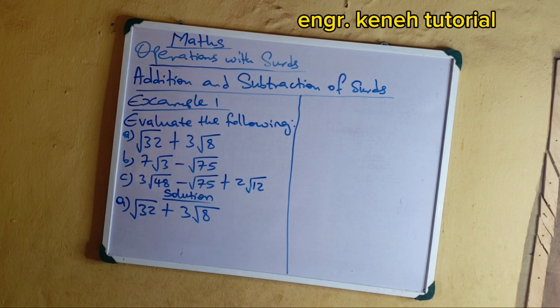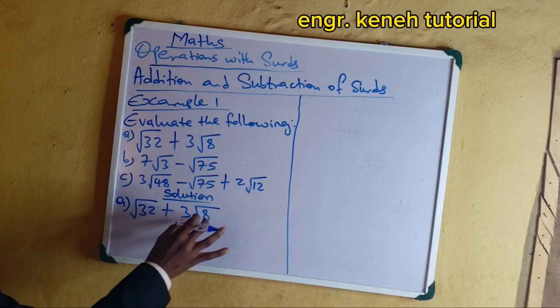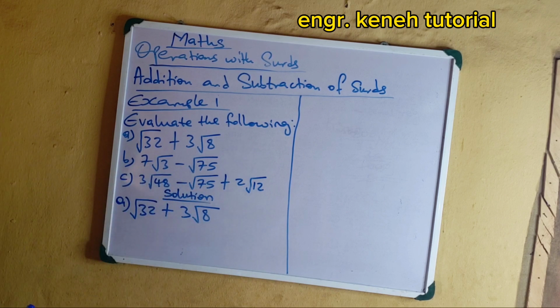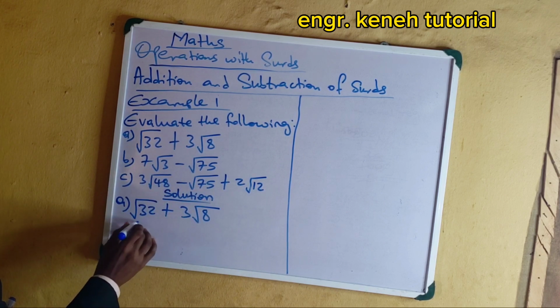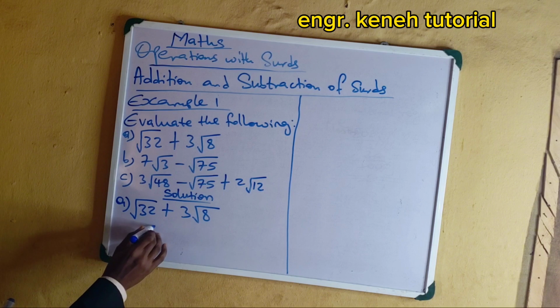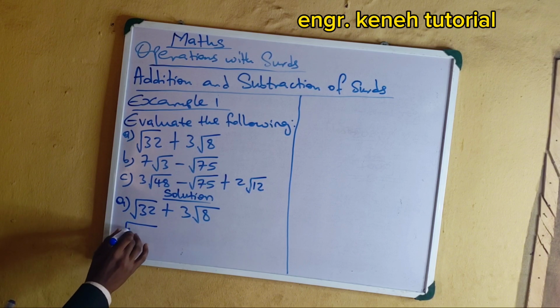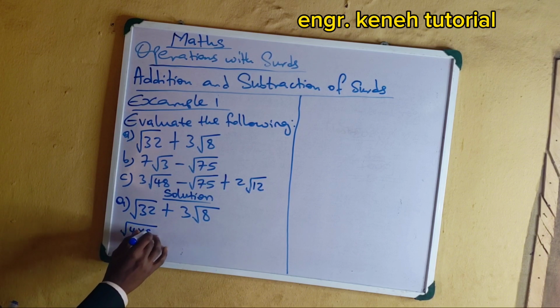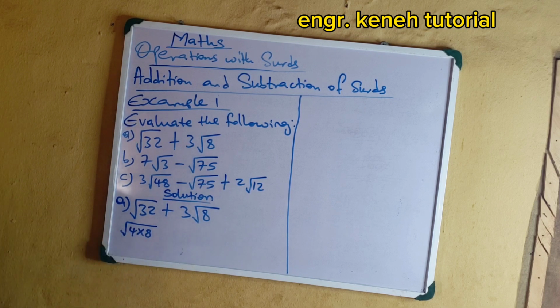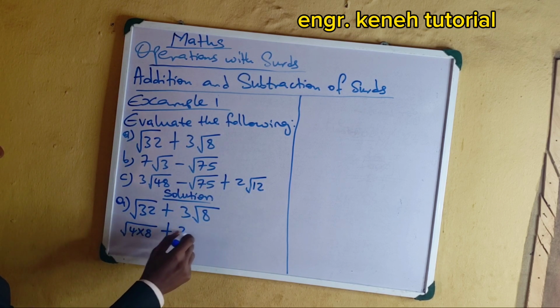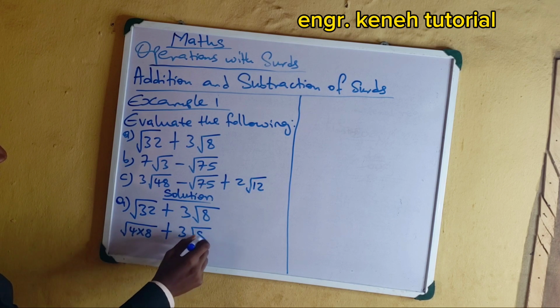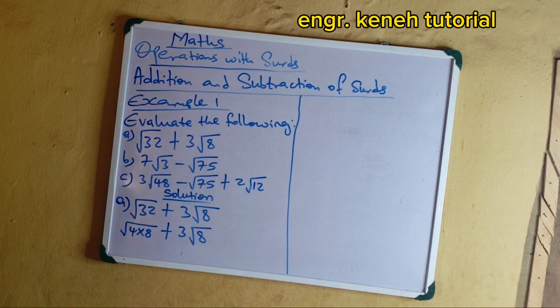I'll check this particular one. Root 32 simply means 4 times 8. Can you see it? Then you have plus this.